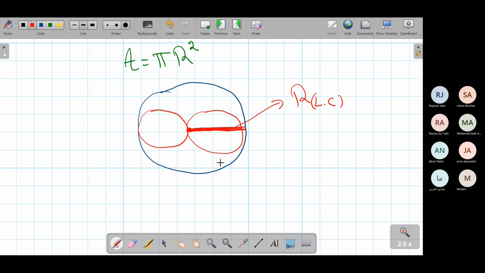At the same time, this part is the diameter of the small circle. Yeah, I got you. So now the diameter of the small circle is 2 times small r, which is 2 times 1, equal to 2 centimeters. Okay?